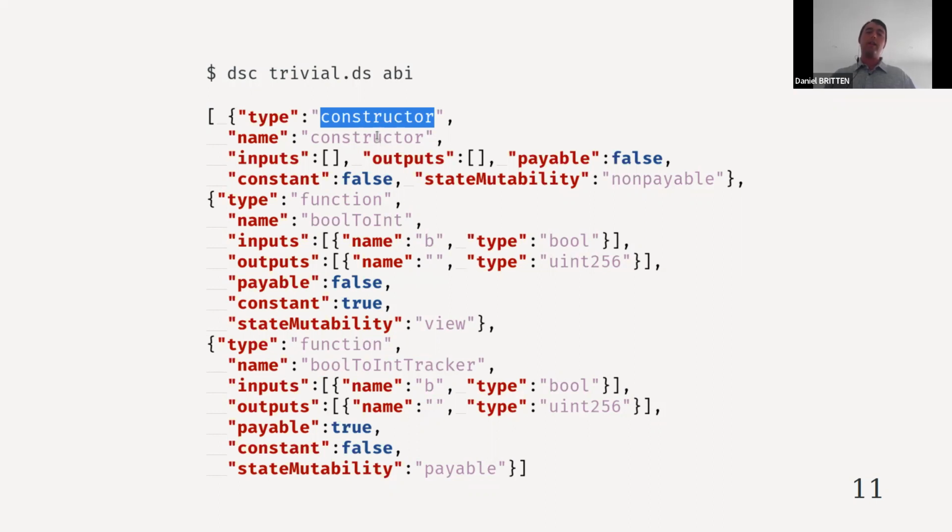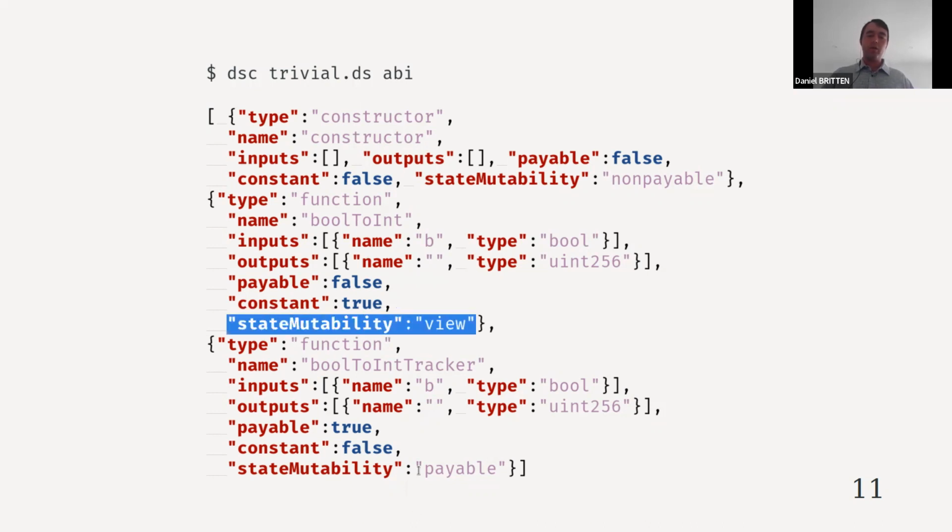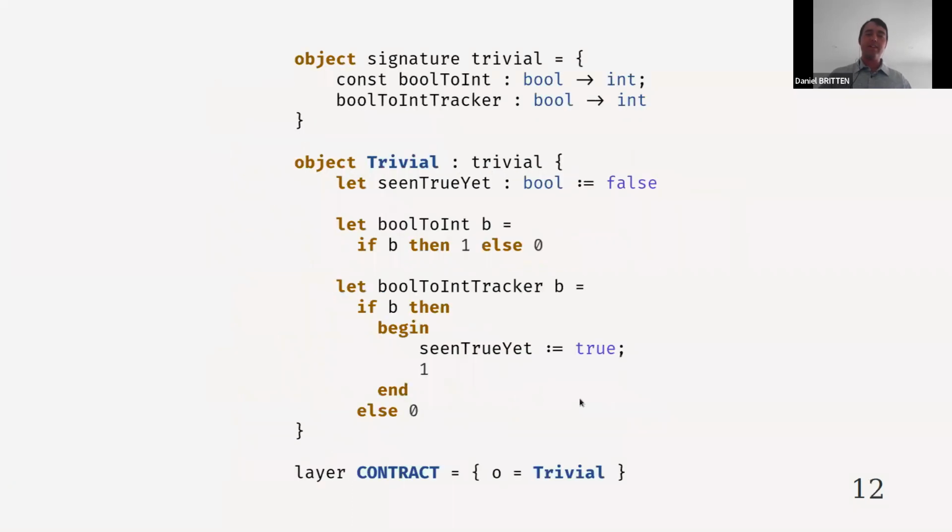You can define your own constructor simply by calling it constructor to customize what happens here. The other thing to point out is that it also generates the state mutability of view or payable. But anyway, it's an ABI, it works. There we go.